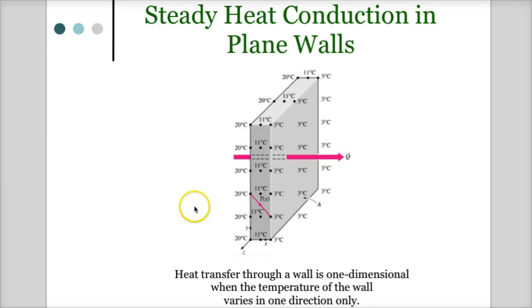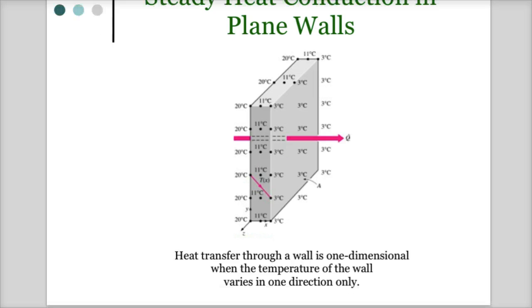Now let's enter the realm of heat conduction. The first part is plane wall, and we have more, which are cylinder and sphere. But now we'll go through plane wall first.